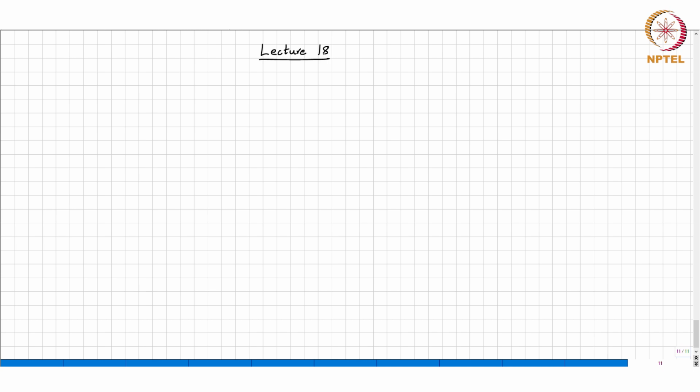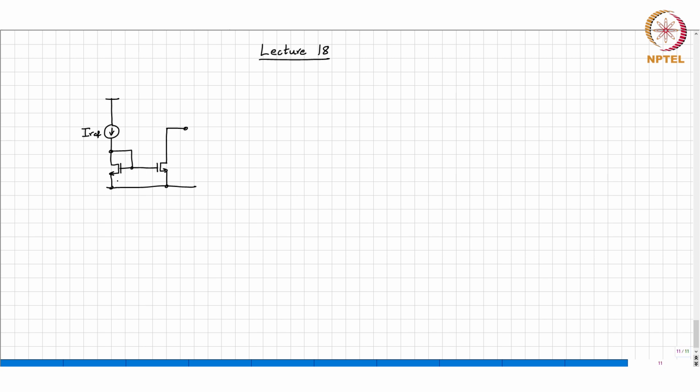This is lecture 18. In the last class, we were looking at current mirrors, and this is the basic mirror. The output current.